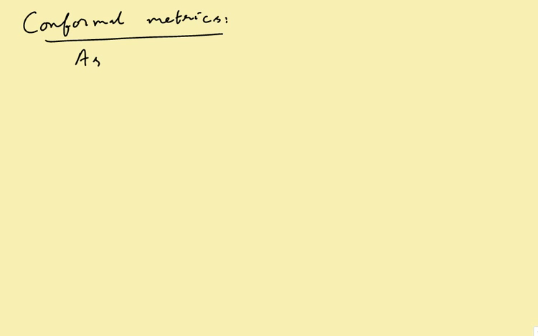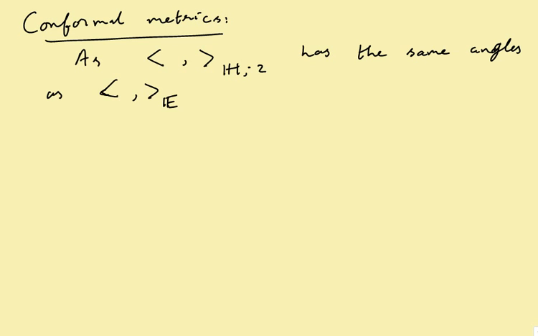So as this inner product at whatever point z has the same angles as our usual inner product, which I'll put an E to emphasize is Euclidean, we have, well, now if two inner products give you the same angle, simple linear algebra tells you that this is some function phi of x,y, where z is x plus iy, times the Euclidean one.